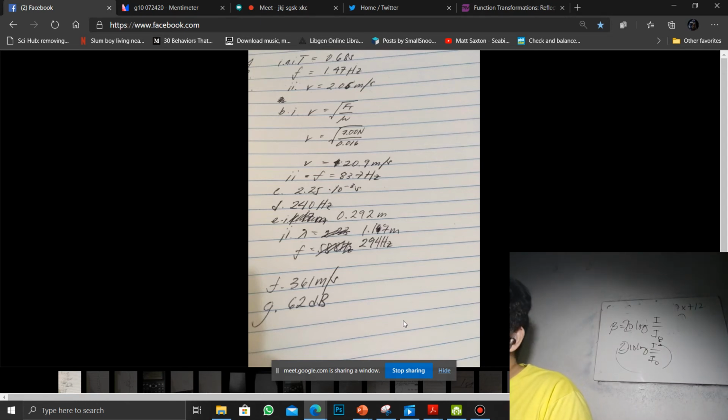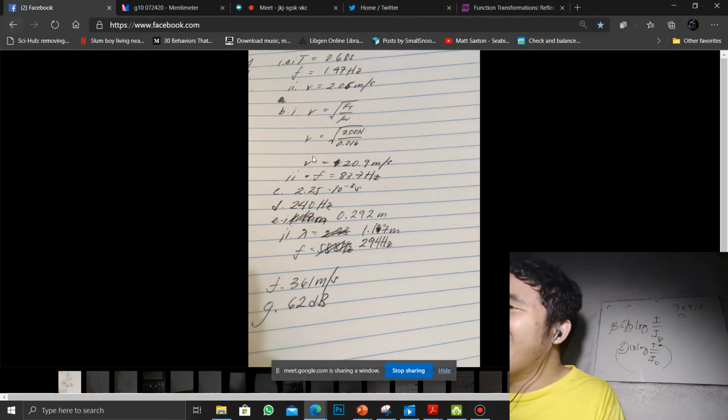Okay, ako yung mali. 2 times 10 to the negative 3 divided by 1.25. Hindi! Ba't ganun? Ano ba yung 0.016? Alam ko na. 2 divided by 1.25. Tapos na siya, nagkamali si Mo.